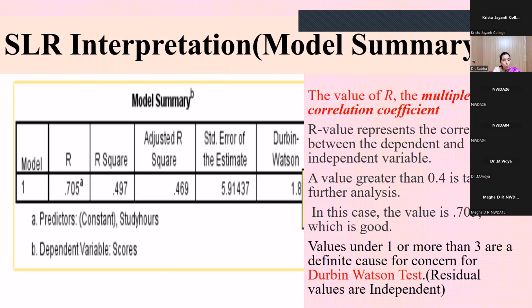If it is between 1 to 3, then it is okay. The residuals are independent of each other, and not highly correlated. Here in the given study, you can see 1.8, which is between 1 to 3. So we have met almost all the assumptions.